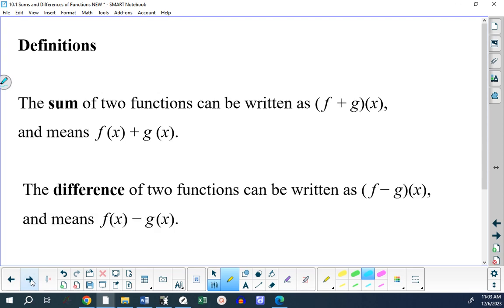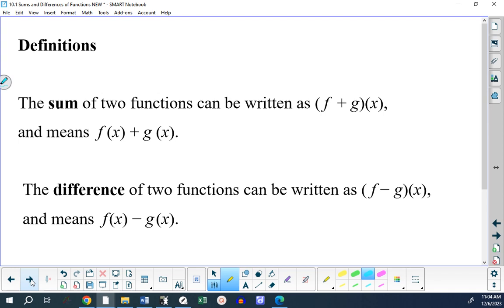And the difference of two functions is written as (f-g)(x), and it means f of x minus g of x. Before we go on, does the order in which you add things together, whether they are numbers or anything else, change the outcome of the sum? No. 3 plus 4 is 7, 4 plus 3 is 7. Does the order in which you subtract quantities change the outcome?